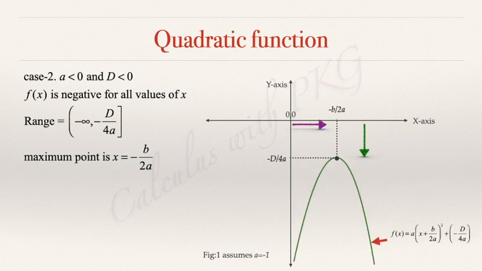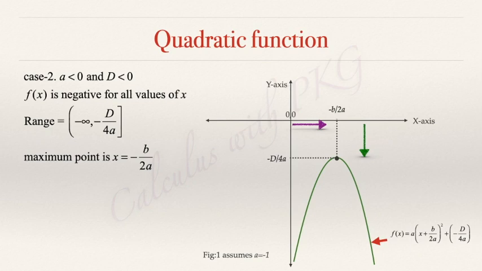Now you may be a little confused because in the previous slide we saw that the point minus d by 4a is above the x-axis, but here I have shown you the point minus d by 4a below the x-axis. So why?